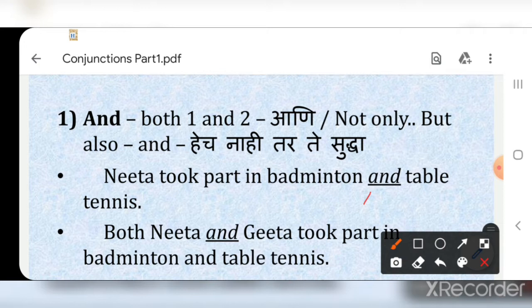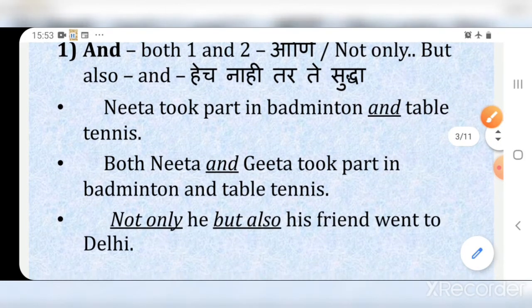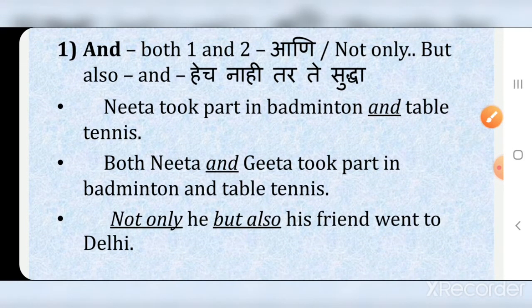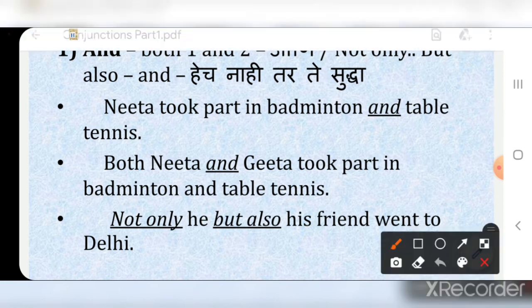It can also be spoken and written, but here we can use and instead of a comma. Okay, now next is both Neeta and Geeta took part in badminton and table tennis. Now here there are two persons, and to denote or to tell that there are two persons, both is used.